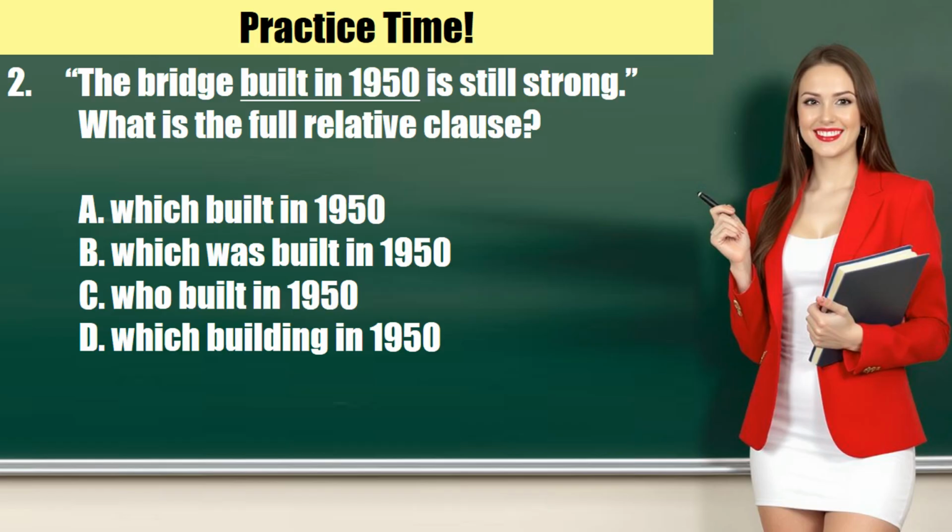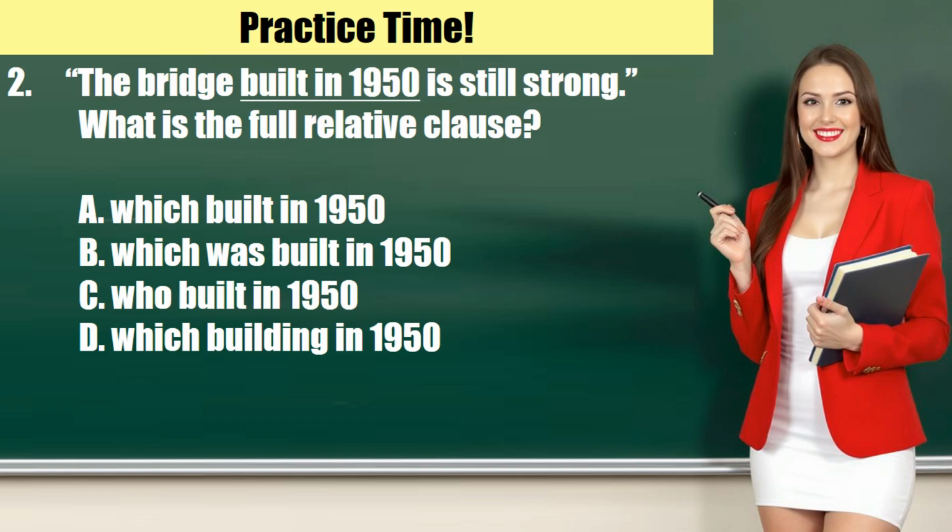Question 2. The bridge built in 1950 is still strong. What is the full relative clause? A. Which built in 1950? B. Which was built in 1950? C. Who built in 1950?